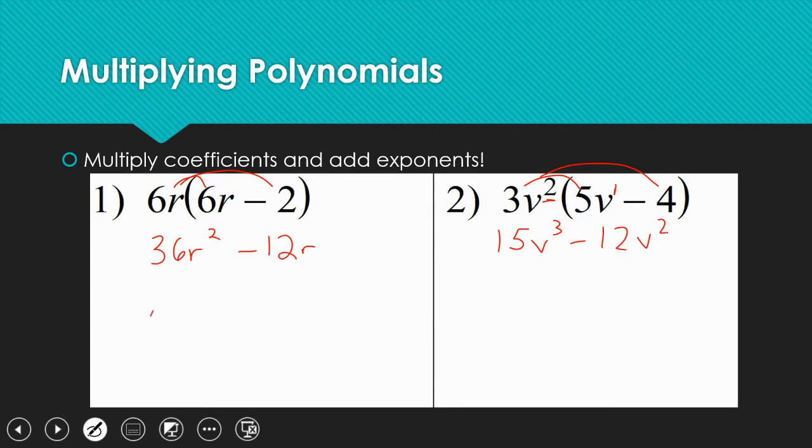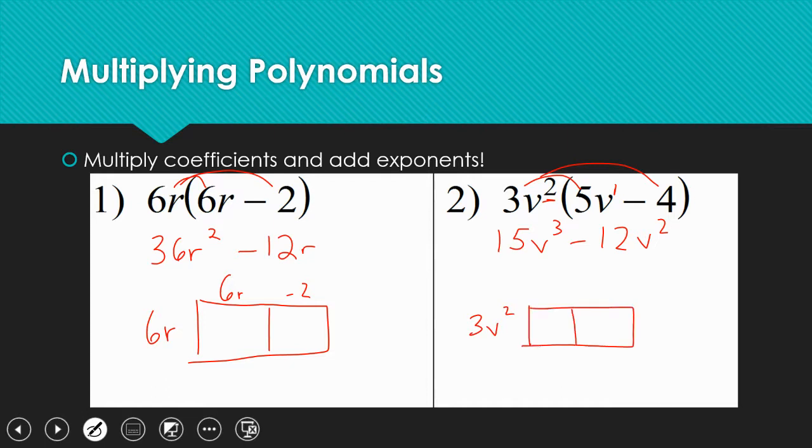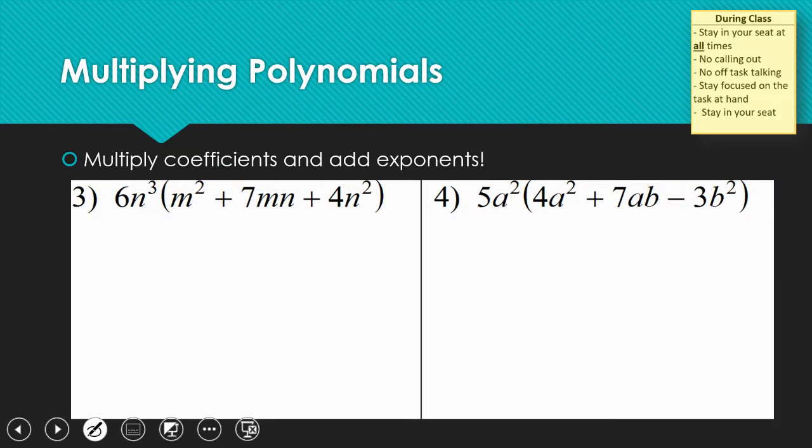Okay, so the other way this can happen is you could do the box method, and we still get our same numbers, right? So we can set this up. If I have one term and two terms, I have a 1 by 2 box. So either one of those methods works and we get the same thing.